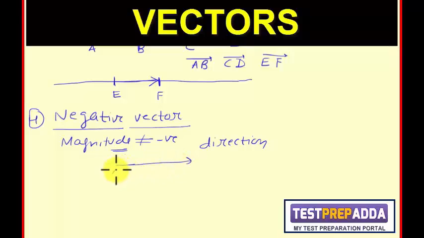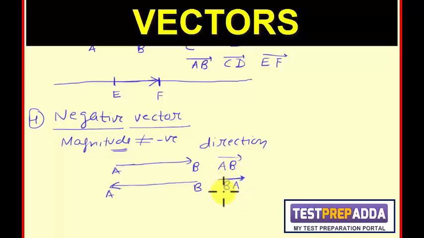So if a vector AB is given like this, I write this vector as AB vector. Now if I draw a vector in the opposite direction but the same magnitude, I will write this as BA.